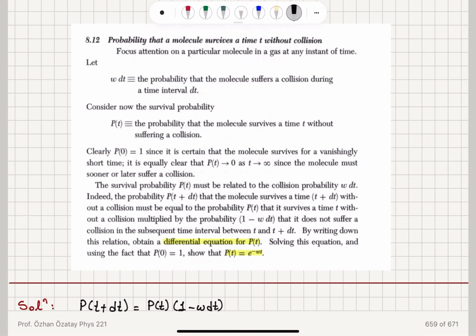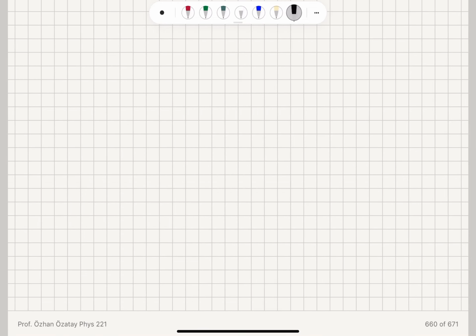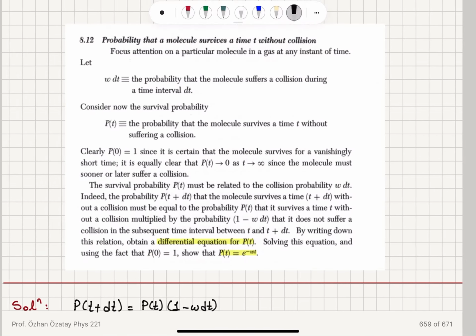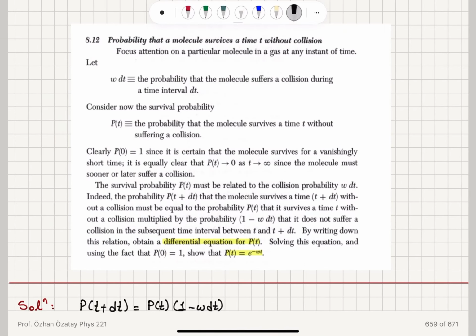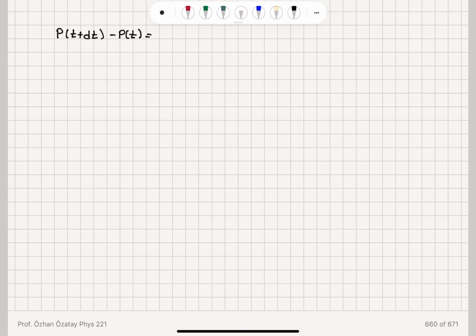Okay, so using this relation, we find that P of t plus dt minus P of t is equal to, taking P of t to the right hand side, minus P of t ω dt.